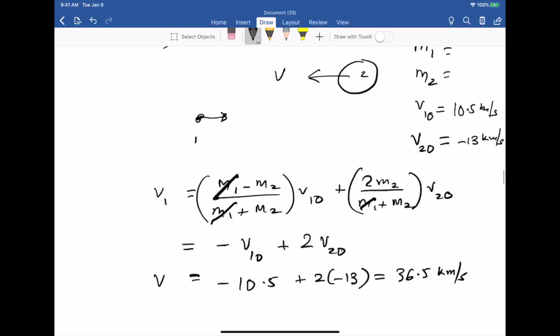Notice that the final velocity of the probe is almost 4 times its initial velocity. So the probe got this enormous amount of velocity just by getting close to Jupiter. If it's gone up by 4 times, it's like a 300% increase of velocity.